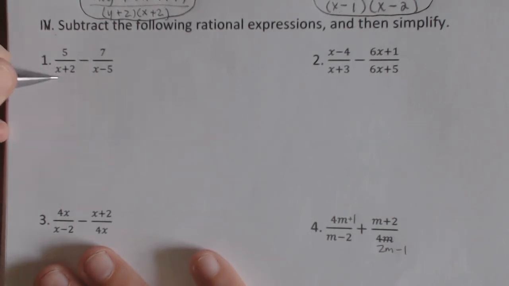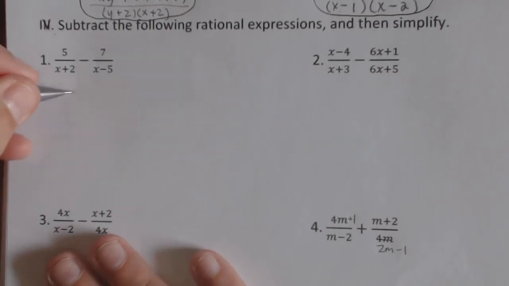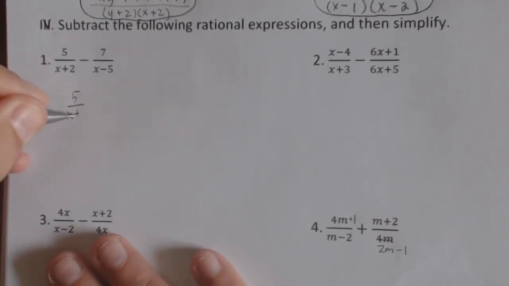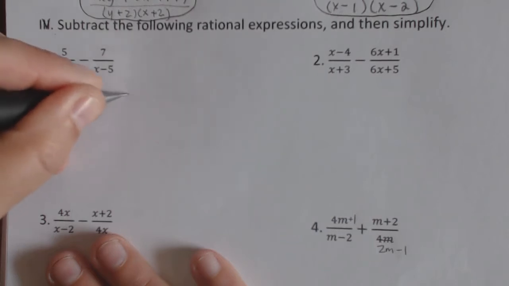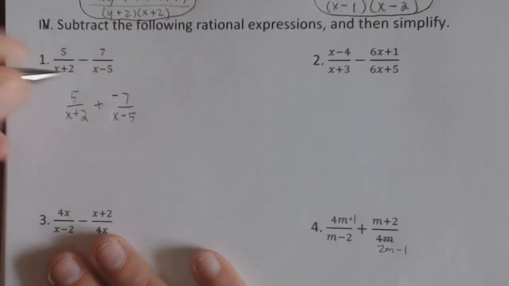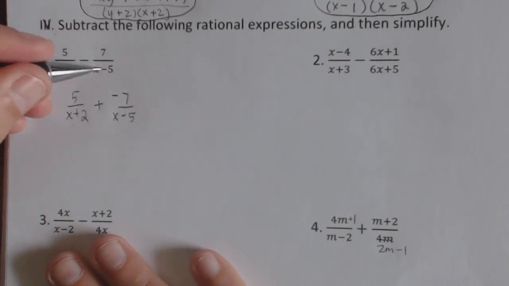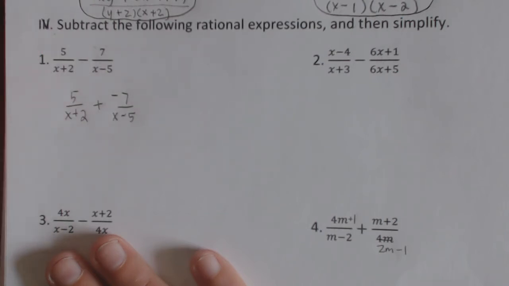So 5 over x minus 2 minus 7 over x minus 5 is equivalent to 5 over x minus 2 plus a negative 7 over x minus 5. When you do that, you don't distribute the negative to both the numerator and denominator, because a negative over a negative is a positive, and that's not what we want to do. We don't want to change the problem. So we would only distribute this negative to the numerator.